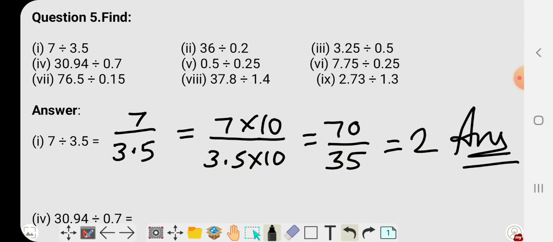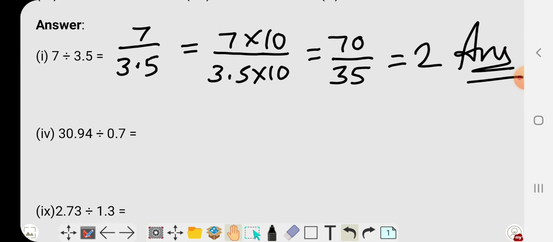You have to write the complete procedure that I have written here. In the next part, 30.94 divided by 0.7.